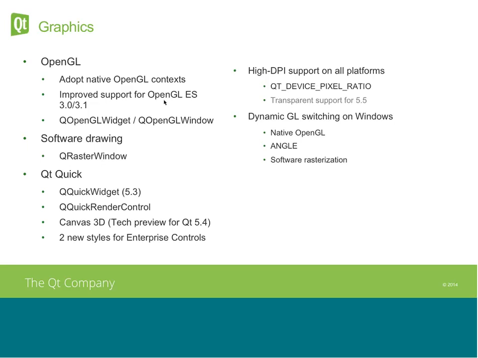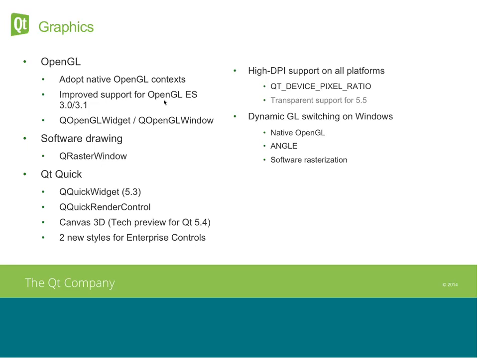This allows a much better integration of OpenGL content into a QWidget or QWindow-based application. We've given you a little bit of better help to draw raster content with software rasterization into QWindows.